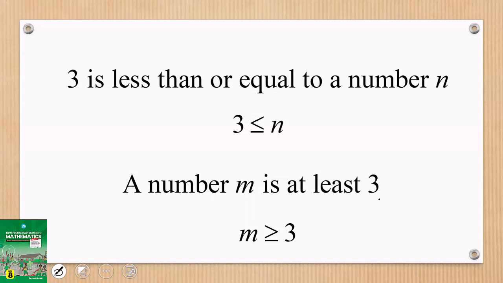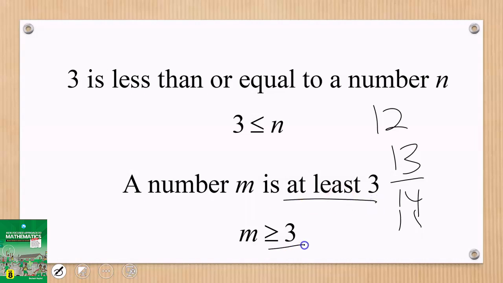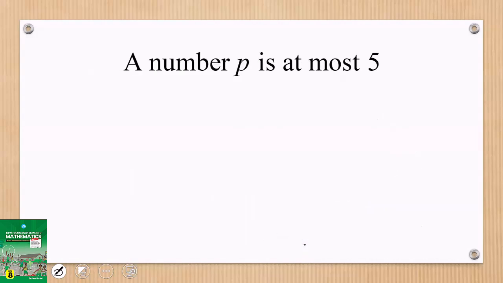Yes, you are going to get it. What if you are 13 years? If I say at least 12 years, yes, you get it. 14 people will get it, 15, 16, and so on. So it can be 12 or above. So if I say at least 3, then it should be 3 and above, so greater or equal to 3.